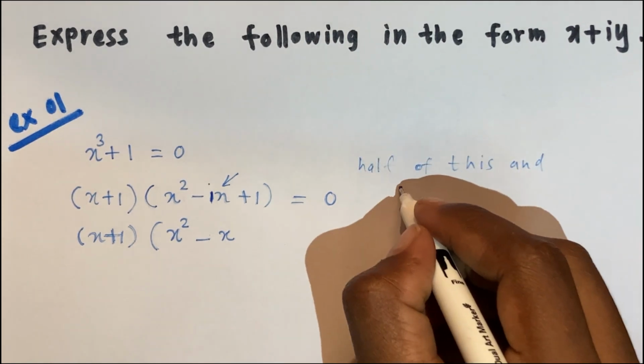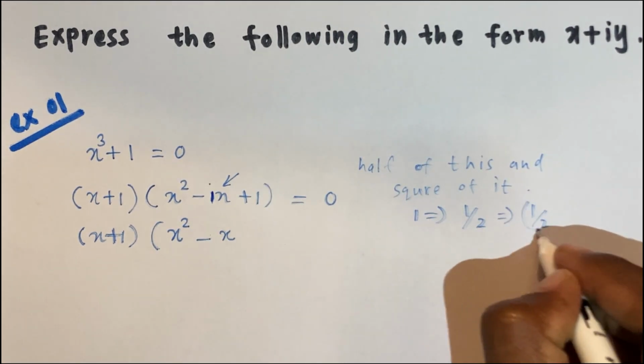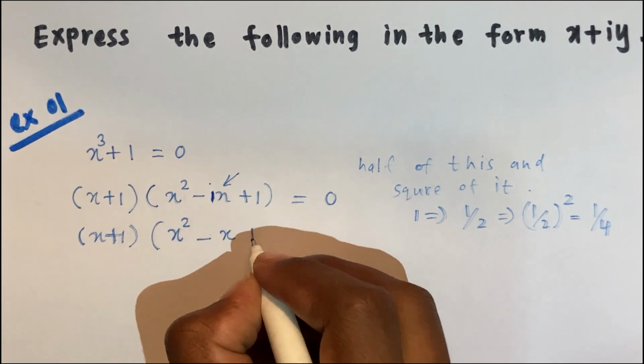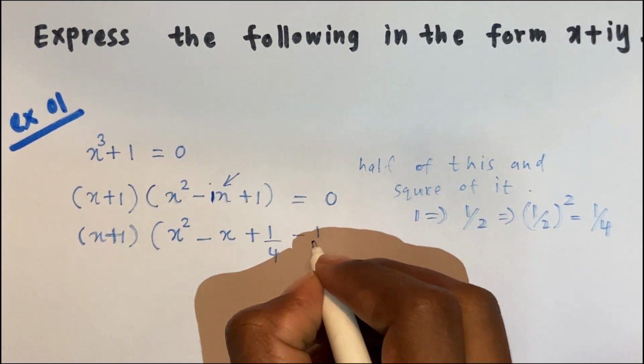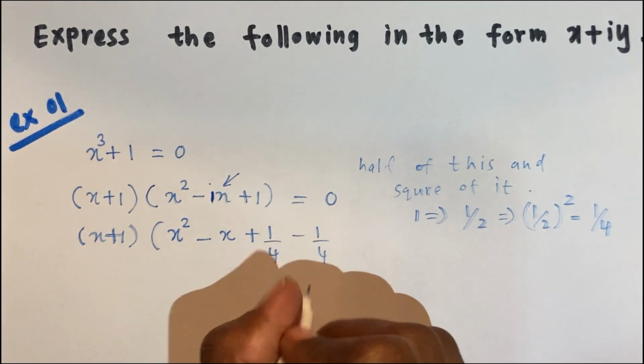Please take half of this value and then square it. Please add 1/4 and then subtract 1/4. This will ensure that there is no change in the overall value.